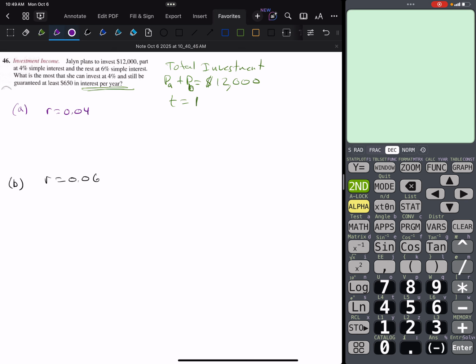Now, if I think about this in terms of simple interest, well, my simple interest formula was interest equals principal times rate times time.